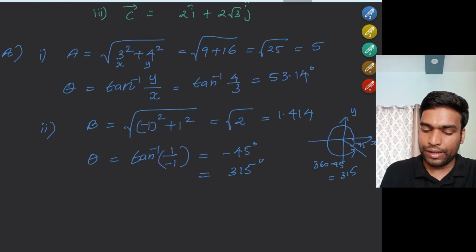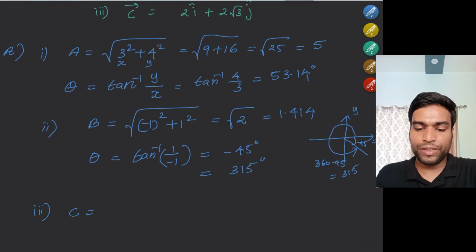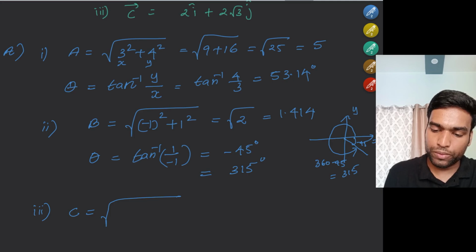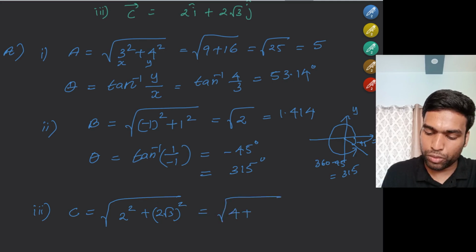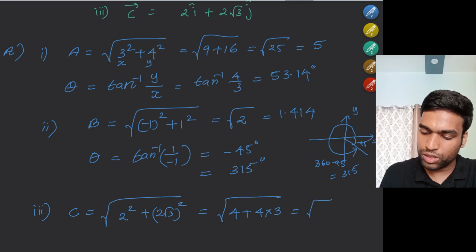Okay, right. For the vector C, x component is 2 and y component is 2 root 3. So C equal to square root of 2 square plus 2 root 3 square. You can write square root of 4 plus 4 into 3, which is square root of 16.